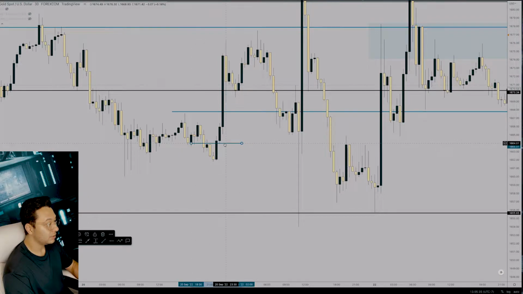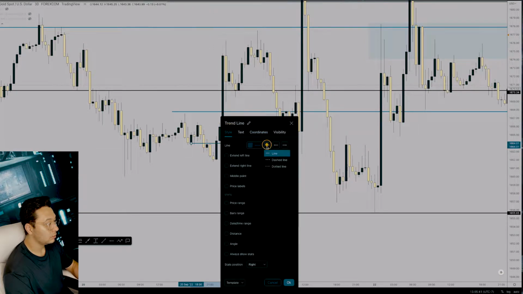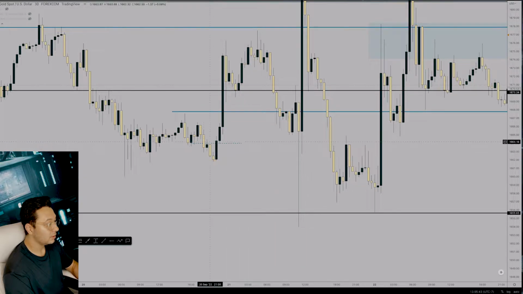Where this blue line is, I'm going to make this a dotted line real quick. And 1665 was right here. Now this little price range is where I called the gold signal.